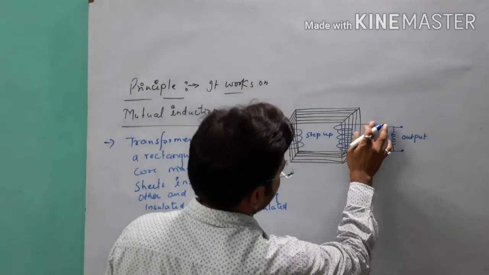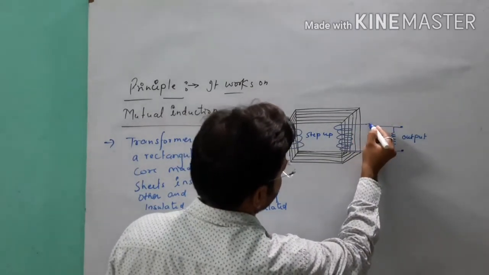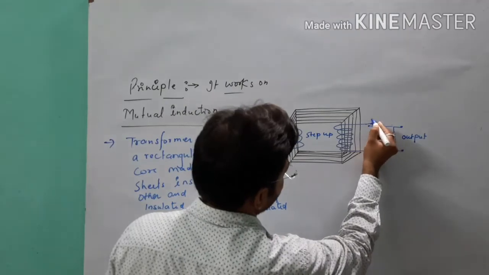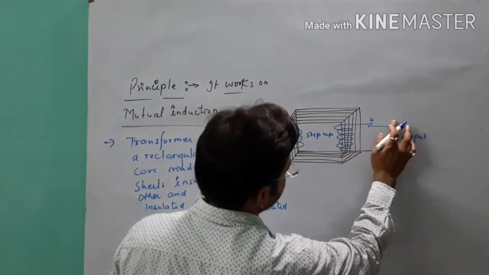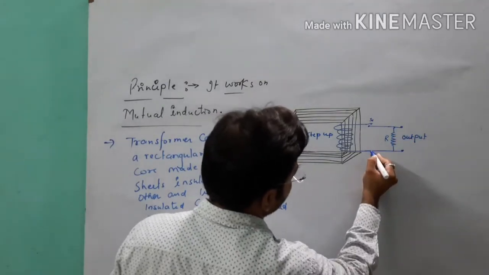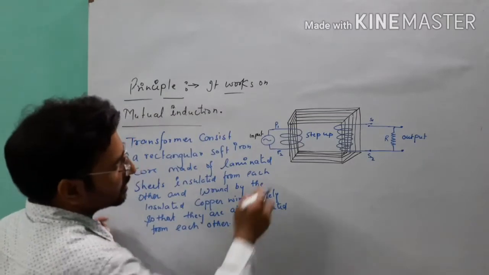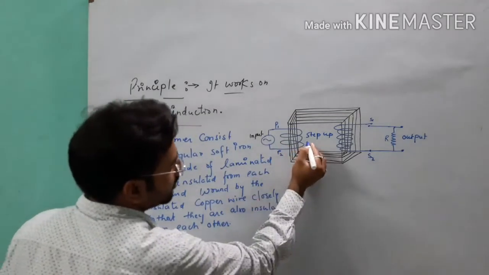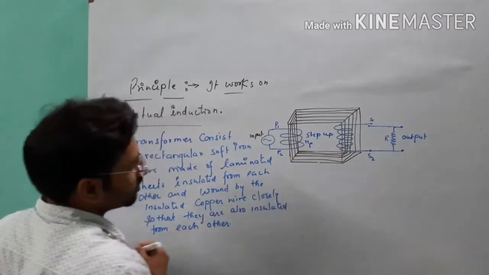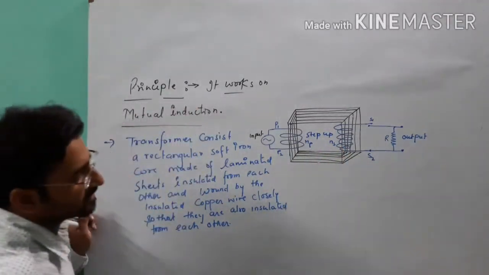It is right now open, but we can close it when we want current in the output. This is our S1 S2 secondary coil. This one is our primary coil. Number of turns in the primary coil is denoted by NP, and number of turns in the secondary coil is denoted by NS.